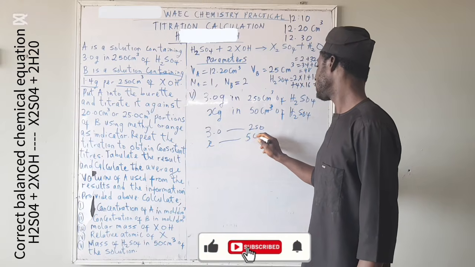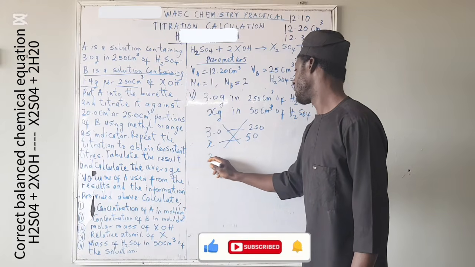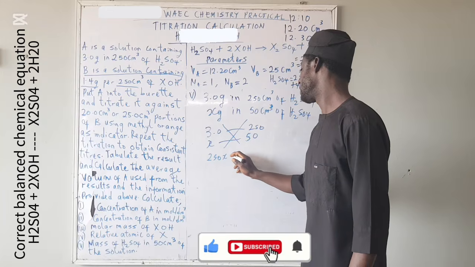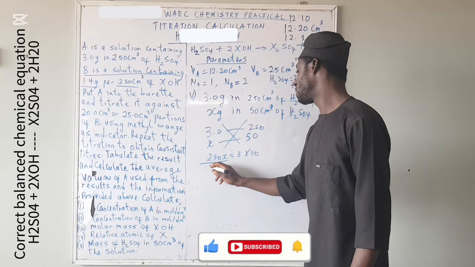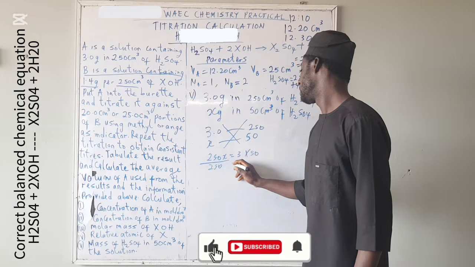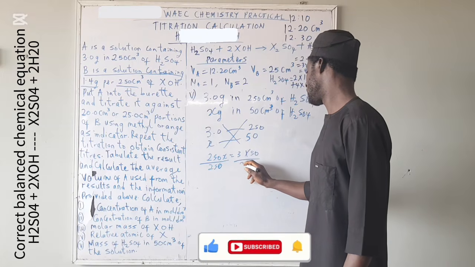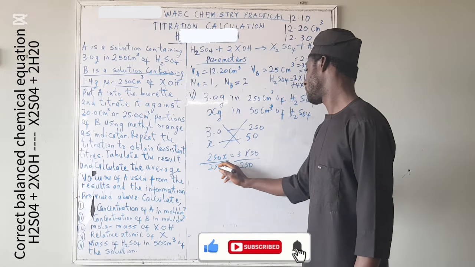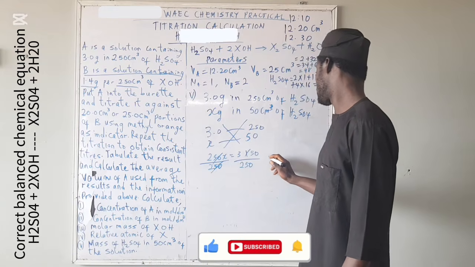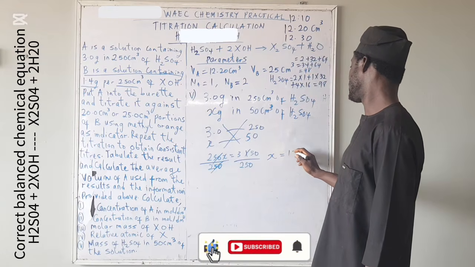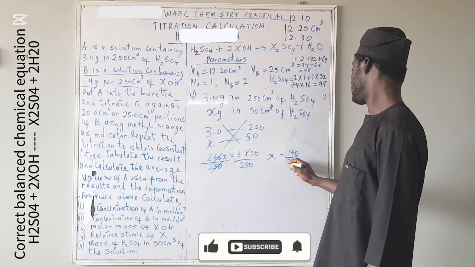3.0 in 250. How many x will be in 50? You cross multiply. That is 250 x is equal to 3 times 50. So we divide both sides by 250. So our x is 150 divided by 250.